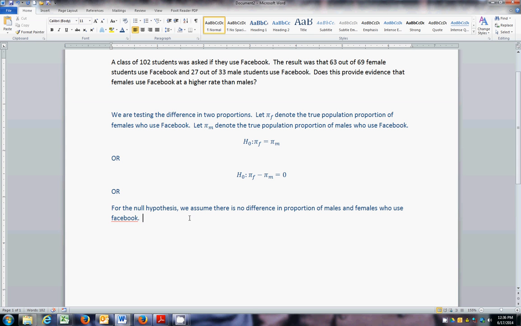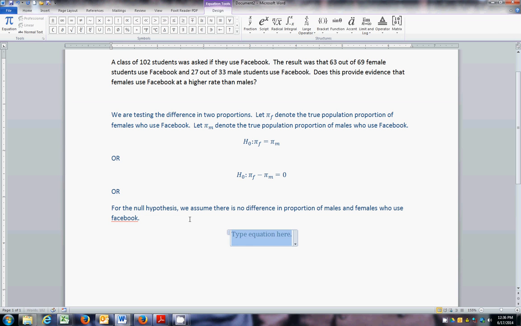Okay, so our alternative hypothesis, we want to know, does this provide evidence that females use Facebook at a higher rate? So our alternative hypothesis, I'm going to write with the H subscript 1, is that the proportion of females that use Facebook is higher than males.